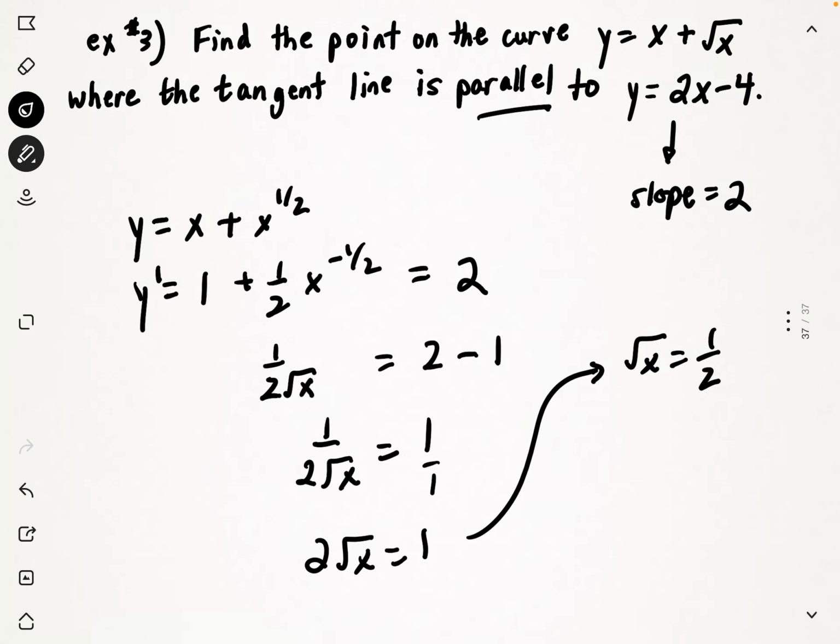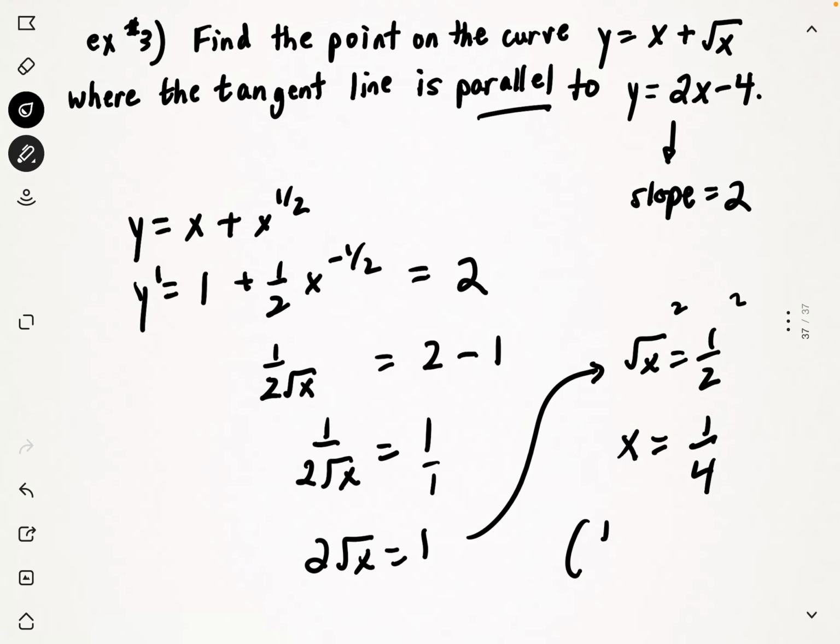To get x by itself, we can square both sides. That's just squaring the square root of x, and squaring the fraction: the square of 1 is 1, the square of 2 is 4. And there we go, 1 over 4.